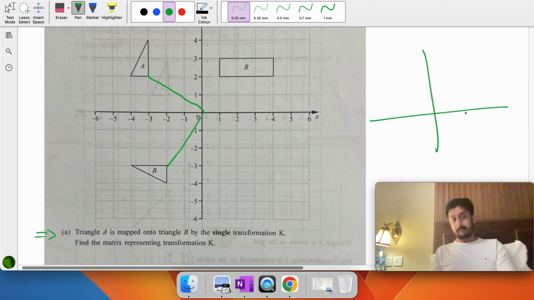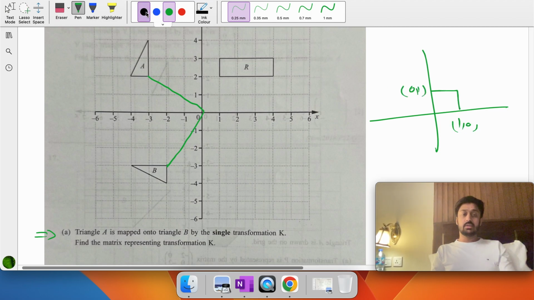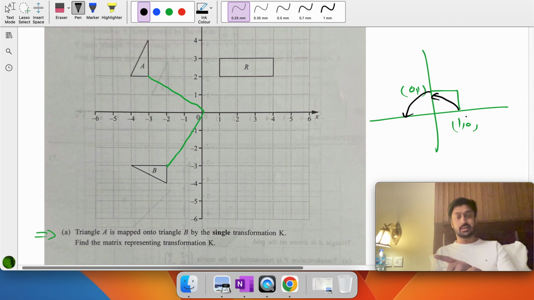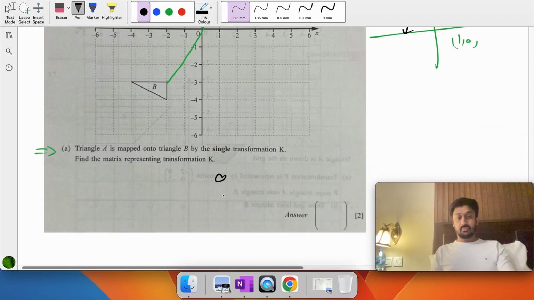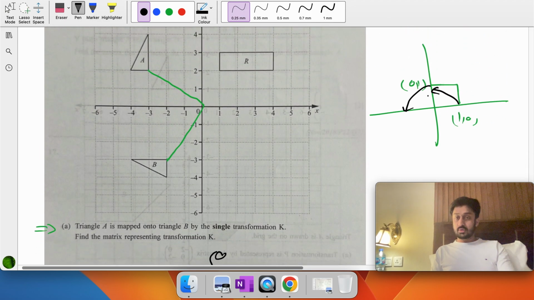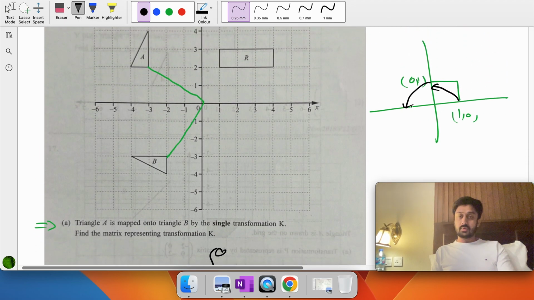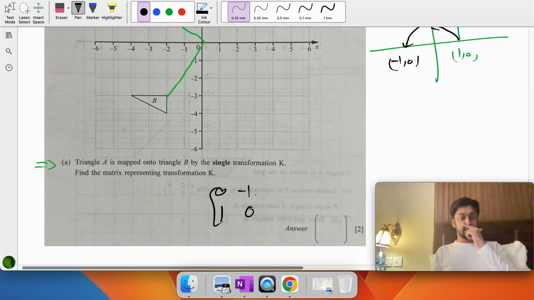So, basic triangle 1, 0, 0, 1, 90 degrees anti-clockwise. This point will come over here, this will come over here. So the point which was on the x-axis became 0, 1, and the point which was on the y-axis after the 90-degree anti-clockwise rotation became minus 1, 0.